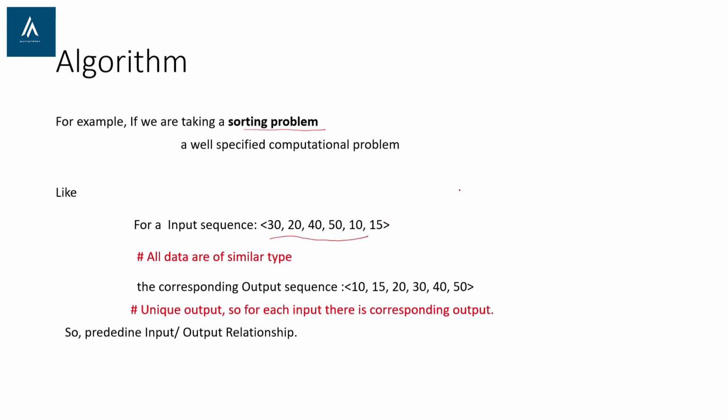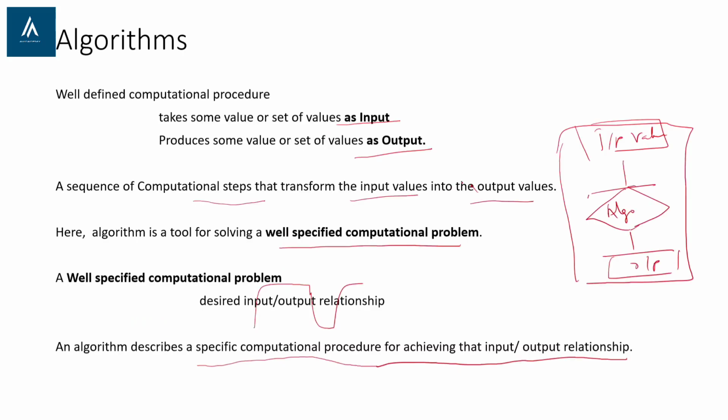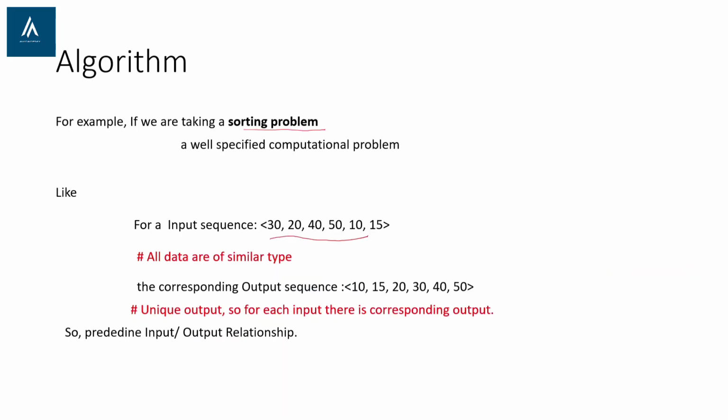We cannot mix an integer and an array. For example, I cannot say 10 and apple are to be sorted, because that is not possible. That's why there is a predefined character of the input. In a similar way, for each input sequence there is a corresponding output, so there is an already predefined input-output relationship.